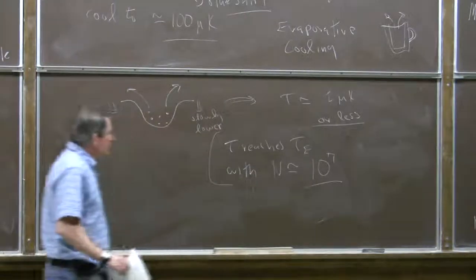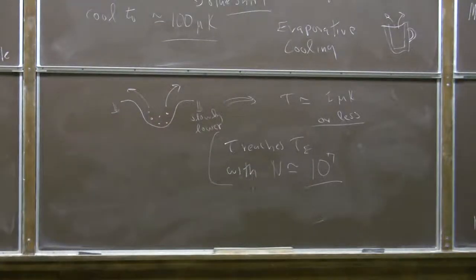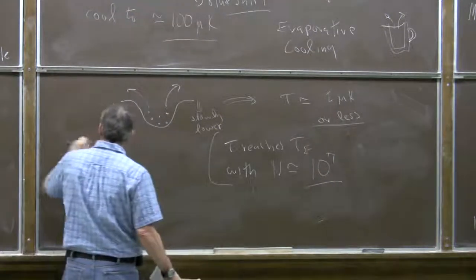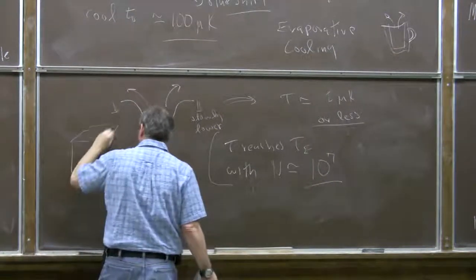So we can try to understand why it occurs at about a microkelvin, given how many atoms are in the trap and all that. But actually, if we want to do that right, we have to rethink our theory a little bit. Because these atoms aren't really in a box.